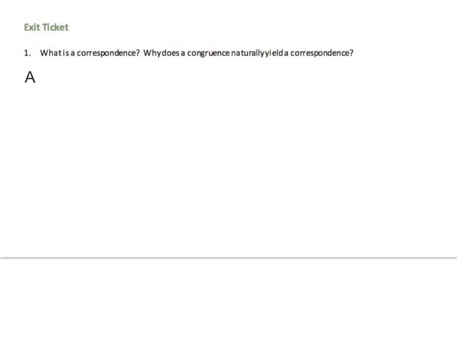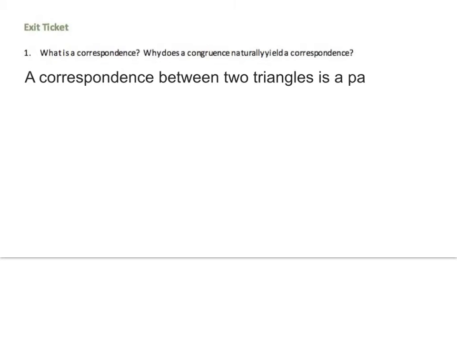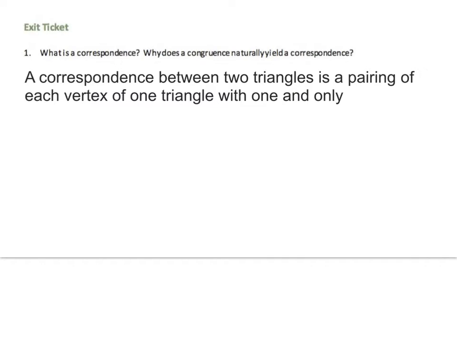So, a correspondence between two triangles is a pairing of each vertex of one triangle with one and only one vertex of the other triangle.